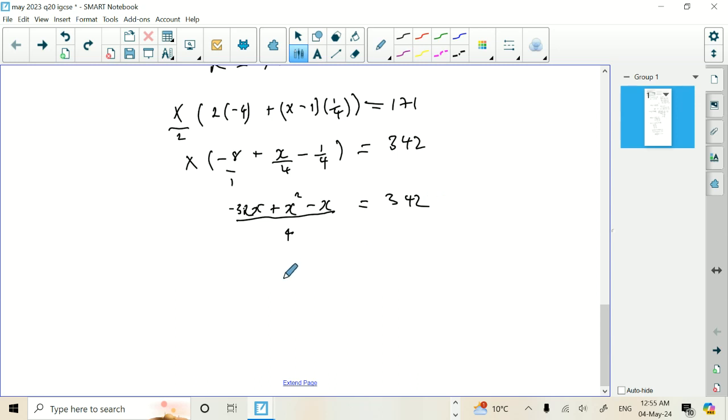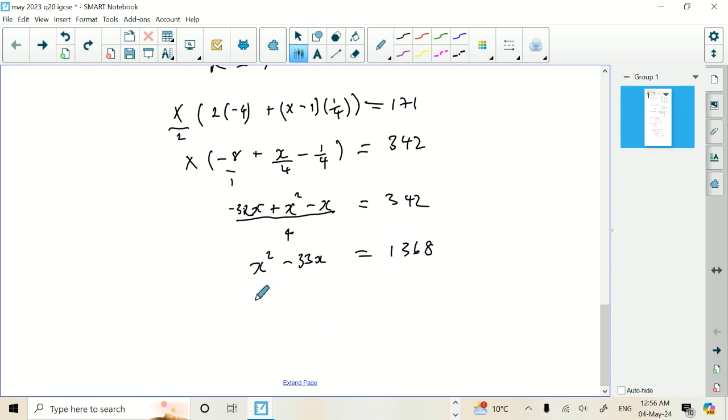So that gives me x squared minus 32x minus x, that gives me minus 33x, and is equal to 4 lots of 342, which is 1368.